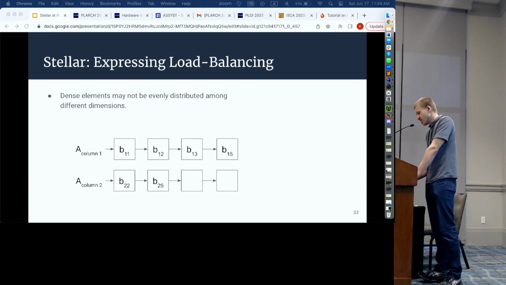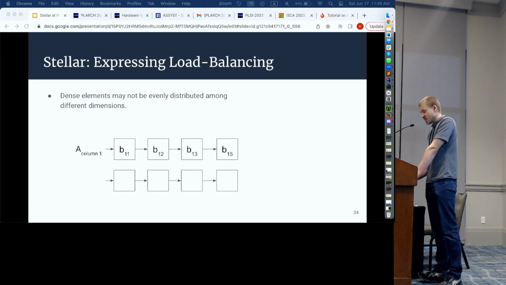So to illustrate, we can start with an example of a spatial array which operates on sparse data. Initially, we might design the spatial array such that each row in the array operates on a different column of the input data. This fixed mapping, right, can make it easier and cheaper to design the outer memory system which feeds the spatial arrays.